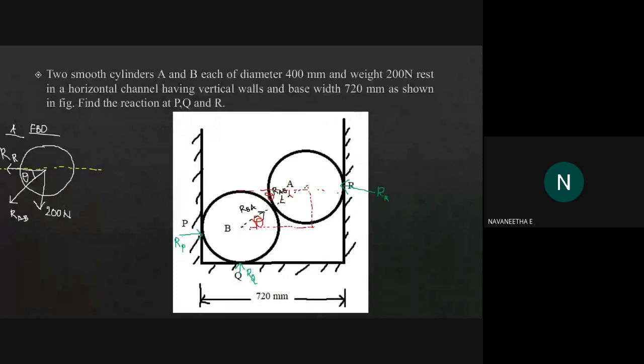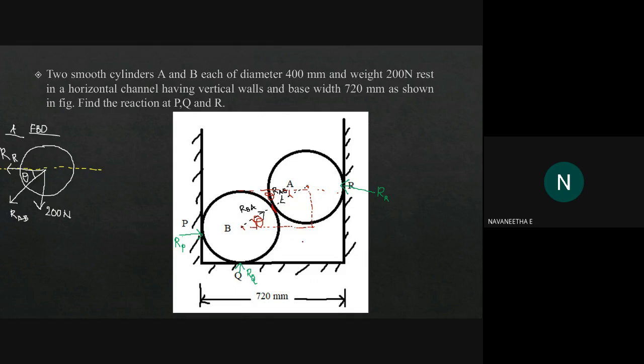So for the external surface of the cylinder, the radius is half of the diameter, that is 200 mm. Then for A, the external surface is also 200 mm. So 200 plus 200, the entire BA equals 400 mm. Is it clear?